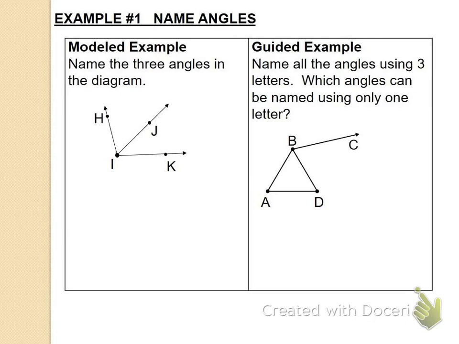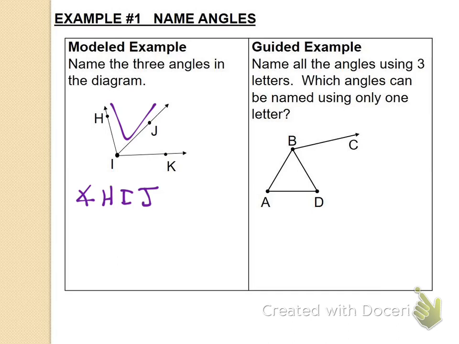So practice naming some angles here. On the left-hand side, I'll walk through this with you. There are lots of angles here, right? Matter of fact, there are 3. Can you find them? 1, 2, and then this big guy here. So let's go through and name them, right? One of them, this guy right here, we'd call angle HIJ.